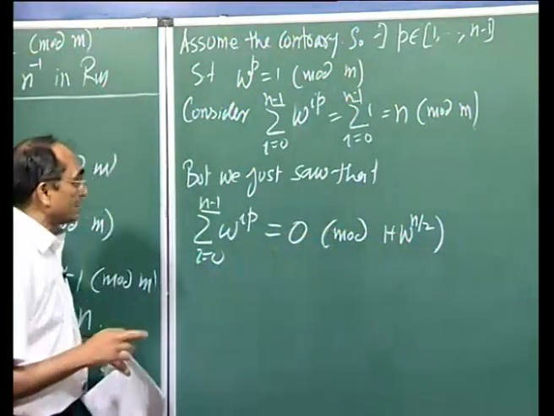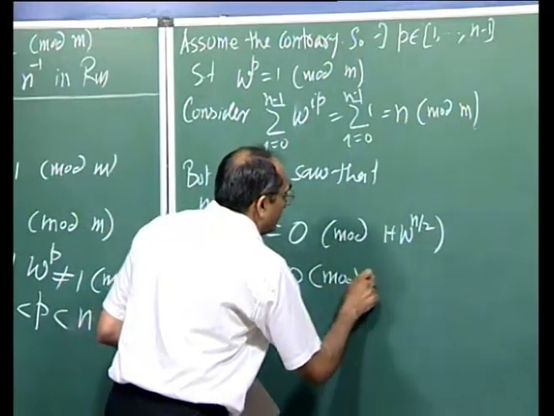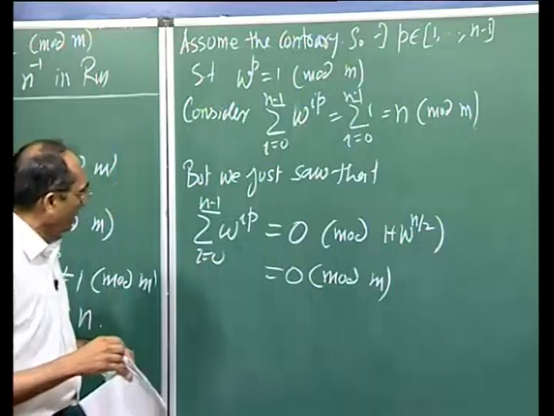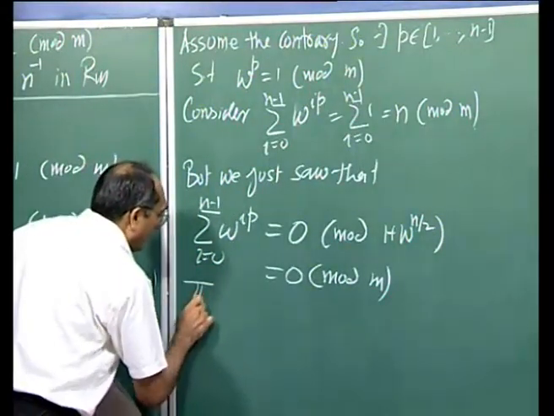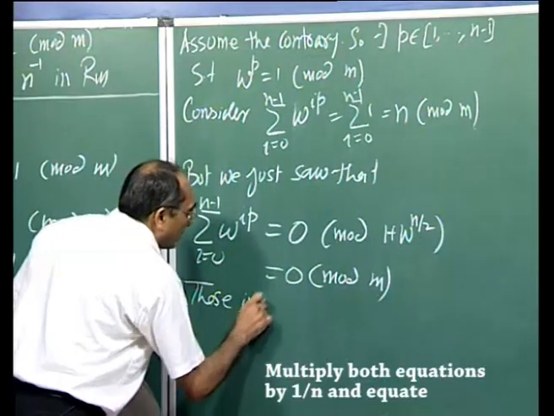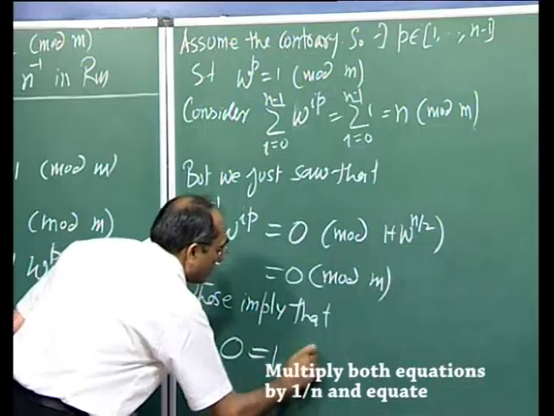We have already shown this result, which is the same as 0 mod m. So, these two together imply that 0 is equal to n modulo m.